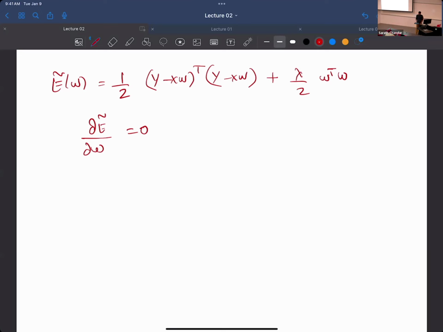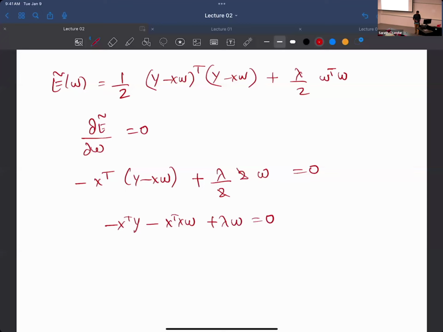The first term is going to be minus X transpose (y minus Xw). This part we did before the break. Plus, when I differentiate lambda by 2 w transpose w, I get lambda by 2 times 2 times w, which is equal to 0. So this cancels. So minus X transpose y plus X transpose Xw plus lambda w is equal to 0.